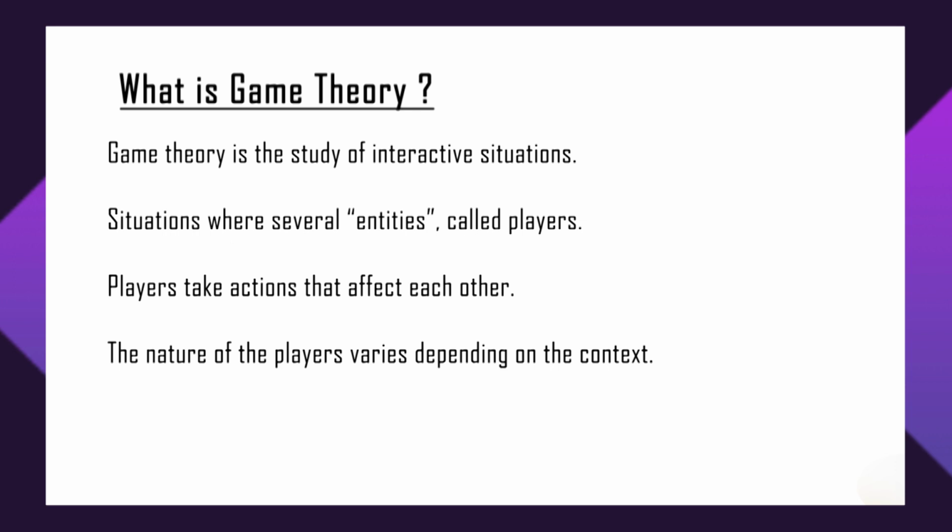Why? What is the reason behind these actions? The nature of the players will not be constant, but it varies according to the context, according to the situations. Definitely there will be rules, but it depends on the player how these rules are applied, where, at which situation.